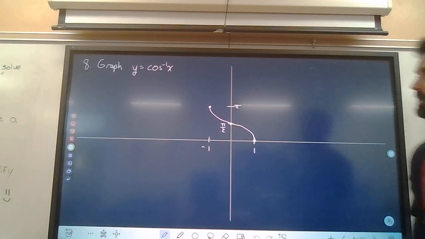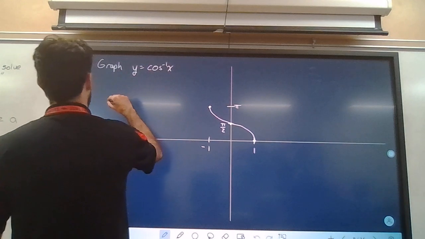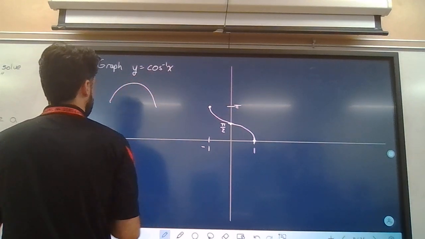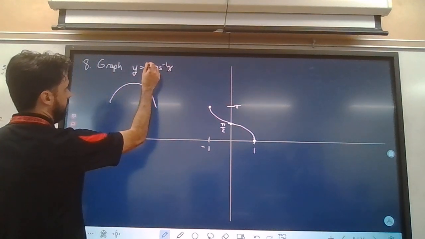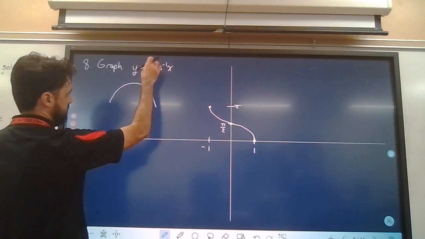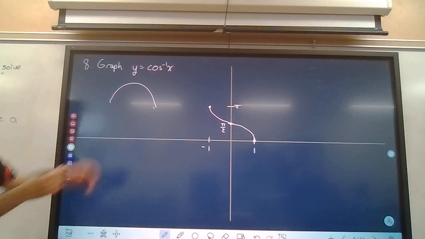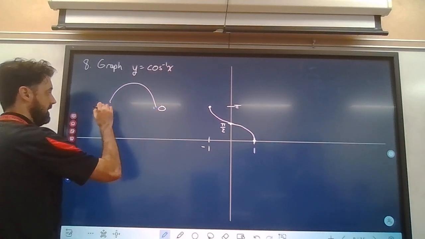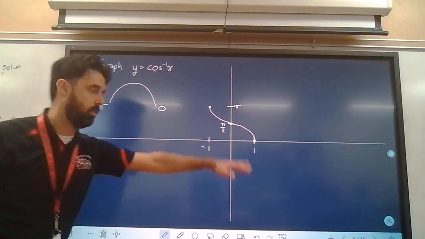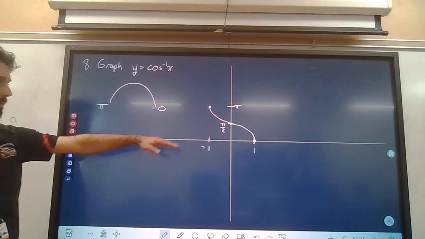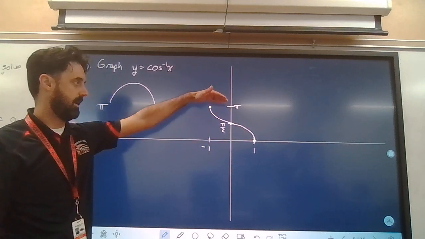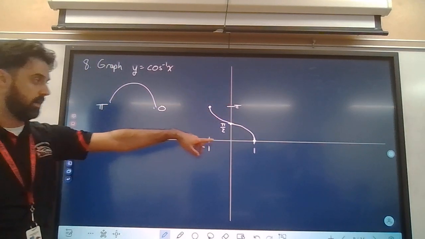The graph of inverse cosine, remember cosine is the top half of the unit circle. I kind of think of it like I'm just twisting that C, turning that C right there. All right, and so it's the top half of the unit circle that goes from 0 to pi. So none of this is going to be below the x-axis, right? It's going to go from y equals 0 to y equals pi. And again, you can take the coordinate points.